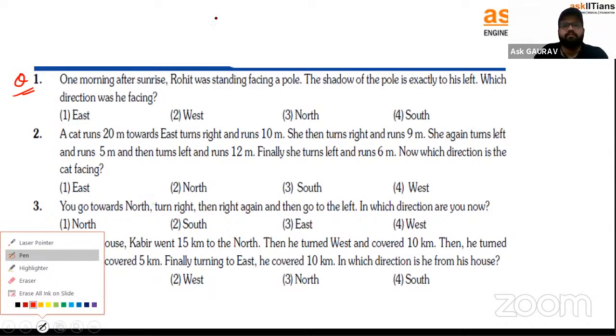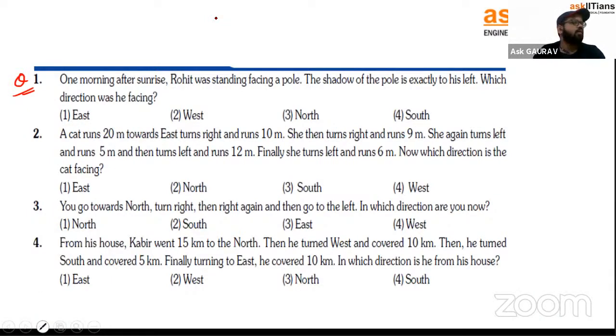See here. Yes, guys. See here. Rohit was standing facing a pole.